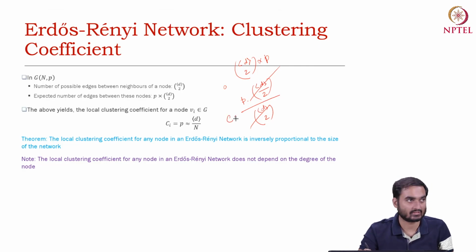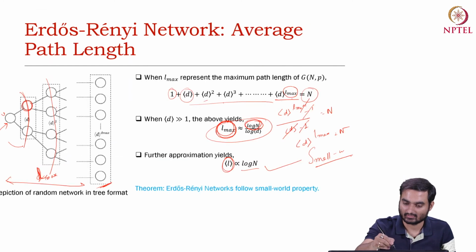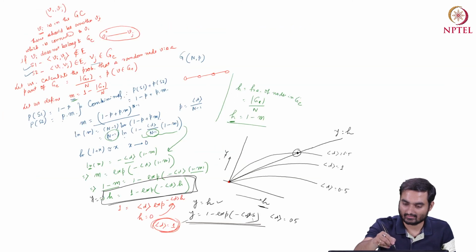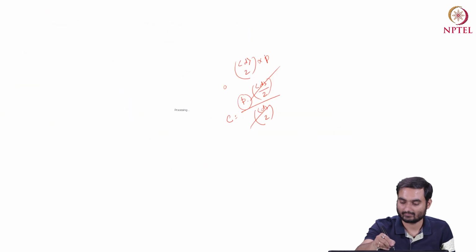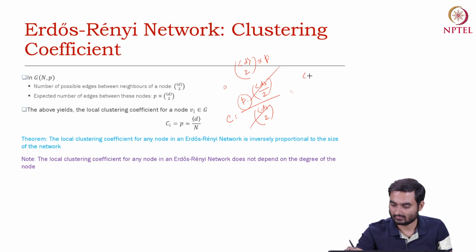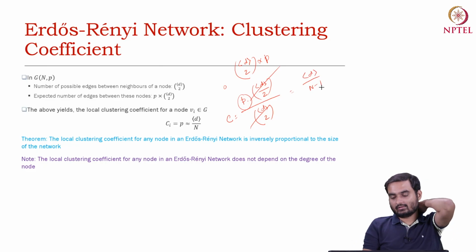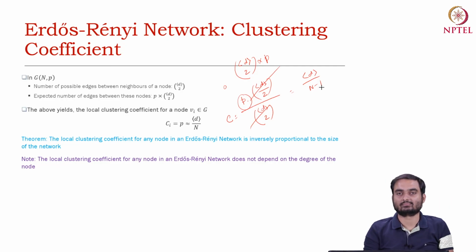The clustering coefficient is basically P, and we have earlier shown that P is ⟨d⟩ by n minus 1, or n in the limiting case.